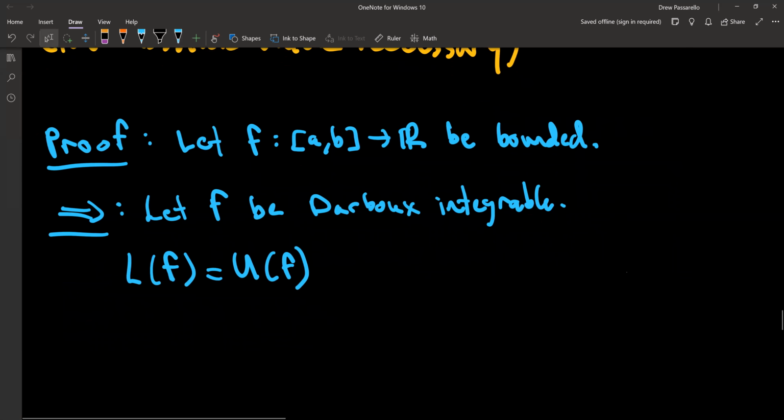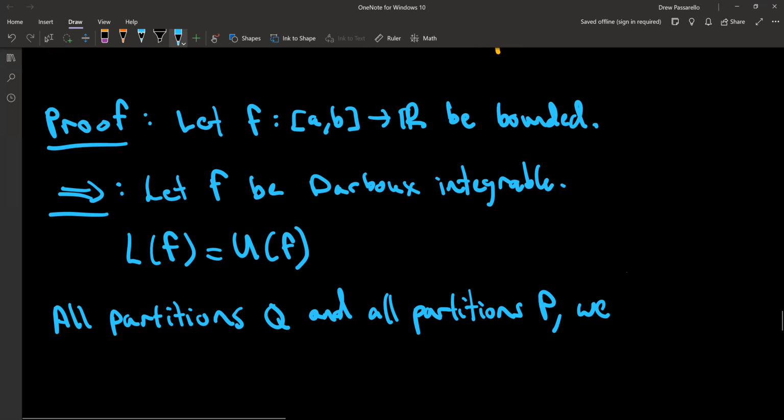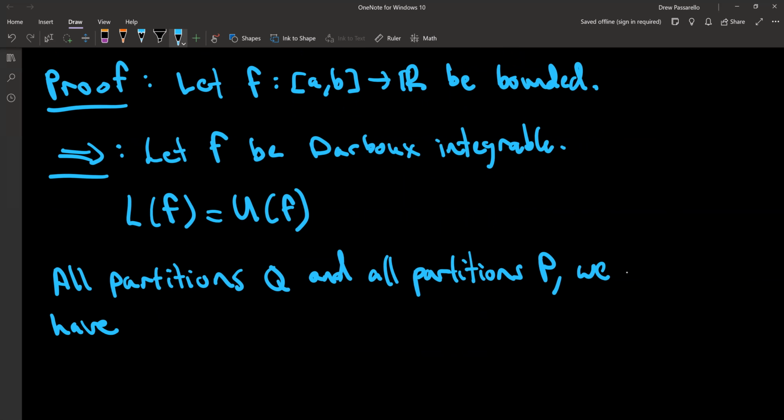So then we know for all partitions Q and all partitions P, we have that the lower sums with P are less than or equal to all of the upper sums of partitions P.